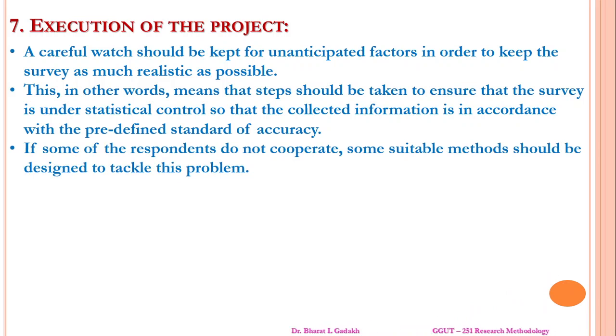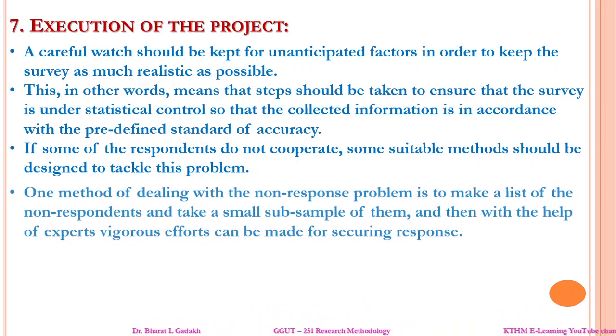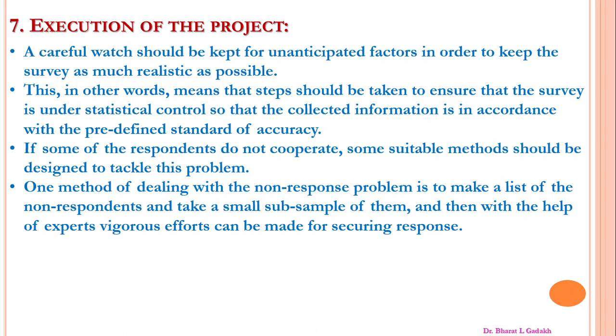If some of the respondents do not cooperate, some suitable method should be designed to tackle this problem. One method of dealing with the non-response problem is to make a list of the non-respondents and take a small sample of them, and then with the help of experts, every effort can be made to secure responses.